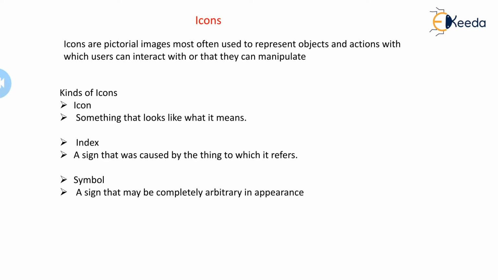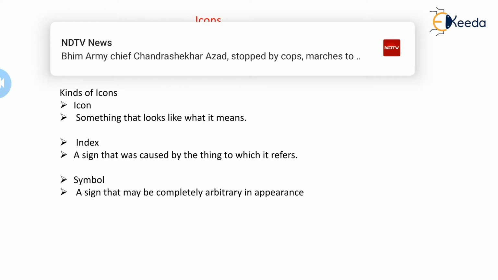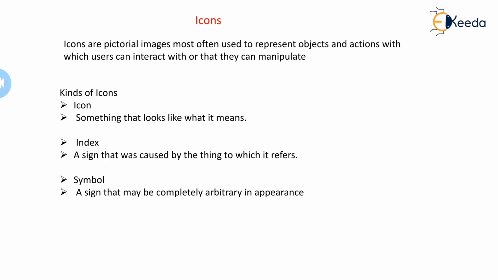An icon is something that looks like what it means. An index is something caused by the thing to which it refers, and a symbol is a sign that may be completely arbitrary in appearance. So a picture of a telephone or a clock on a screen is a true icon, and an index is a sign caused by the thing to which it refers.